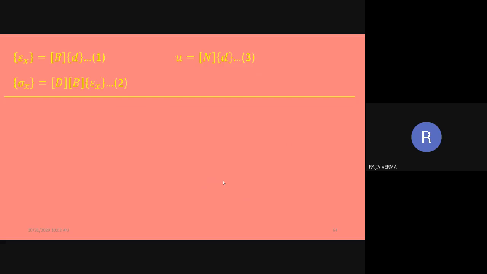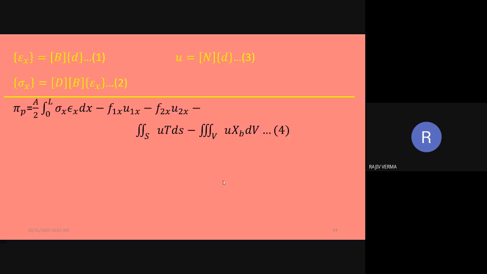And when you substitute all these equations in the energy equation, we get equation number 4, in which the first term on the right, which is a product of stress and strain, represents internal straining. Now, the next two terms, that is term number 2 and term number 3, represent the amount of energy because of point load.